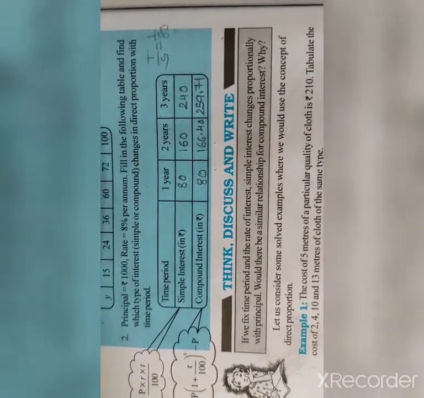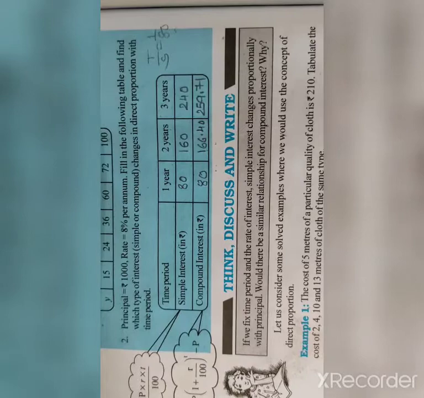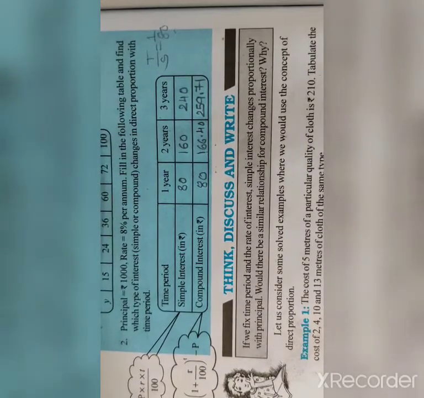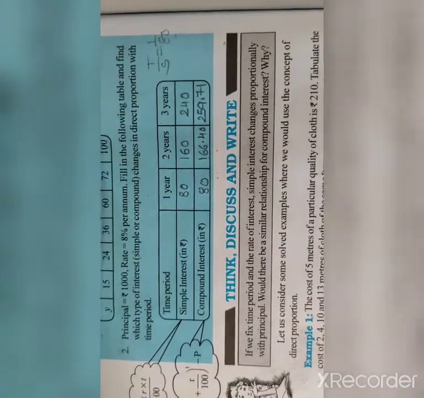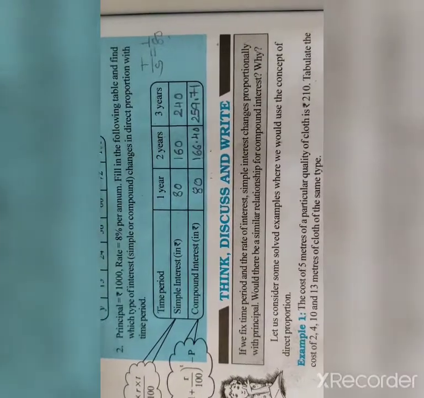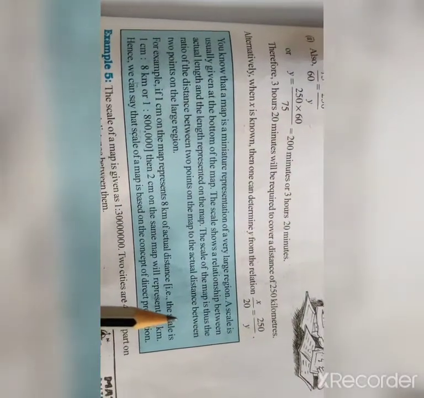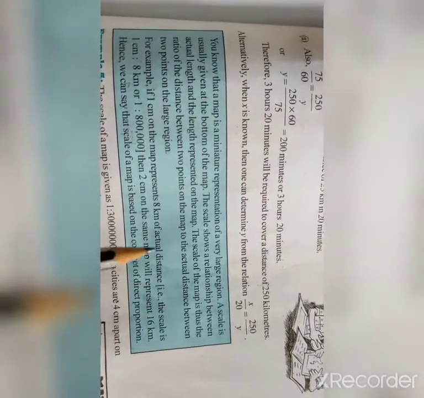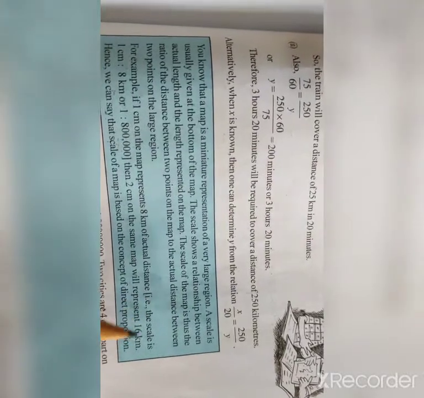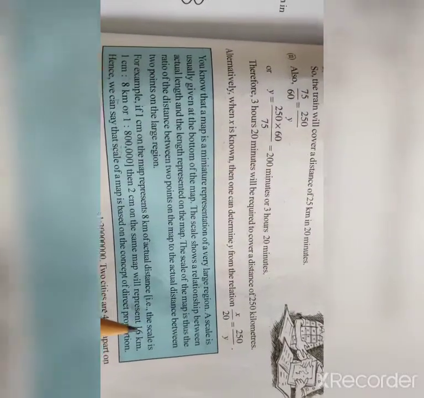Let us consider some solved examples where we would use the concept of direct proportion. The illustration you will solve yourself. You know that a map is a miniature representation of a very large region. When we draw a graph, we always use a scale, like 1 centimeter equal to 5 children, on the horizontal or vertical line.